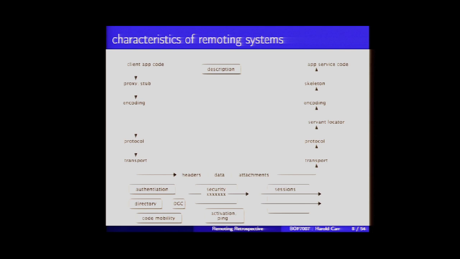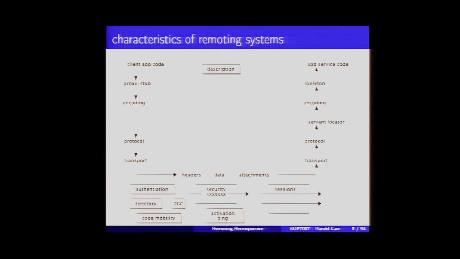And generally, in most remoting systems, you have some sort of objects or runtime system that you talk to, and so you have some sort of proxies or stubs.